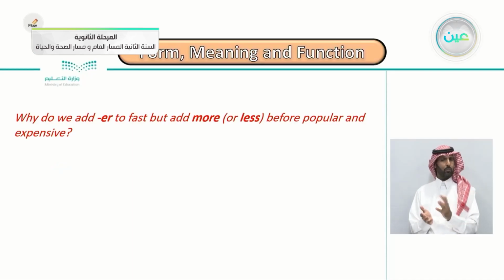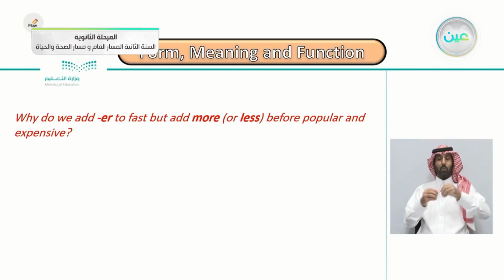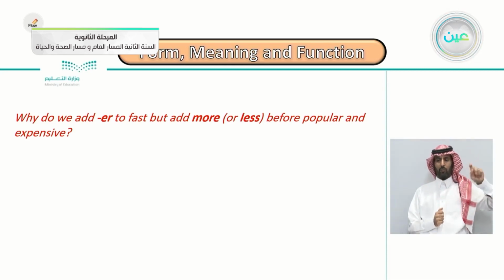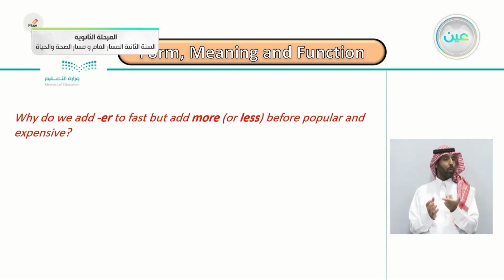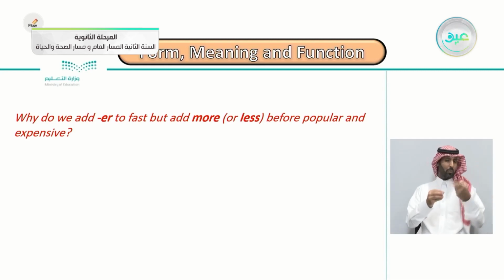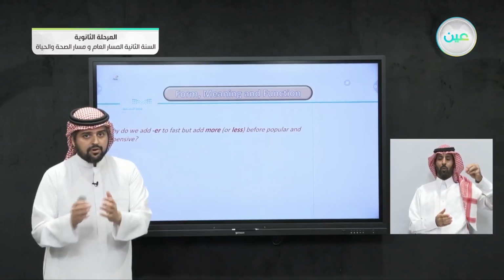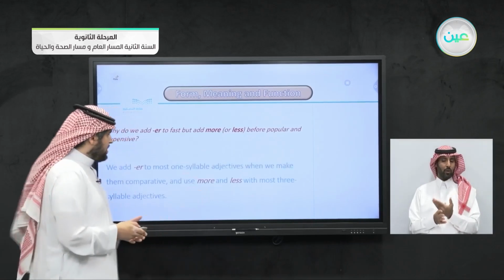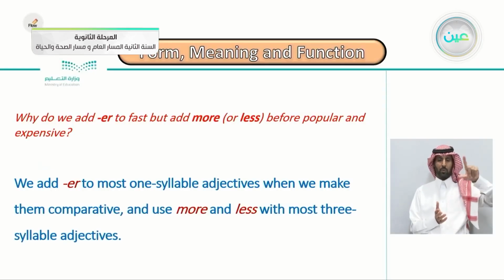So why do we add er to fast, but we add more or less before popular and expensive? The adjective fast, we added er, faster. But with the adjectives popular and expensive, we put more or less. Why do we do that? How do we choose? Do we add er or put more or less? Okay, let's see. We add er to most one-syllable adjectives.